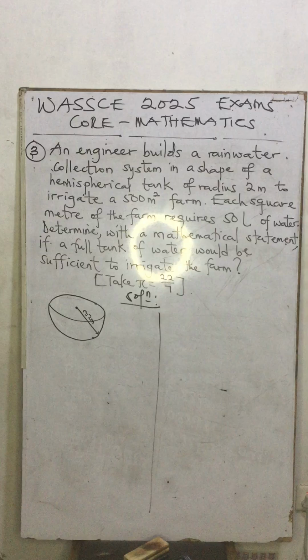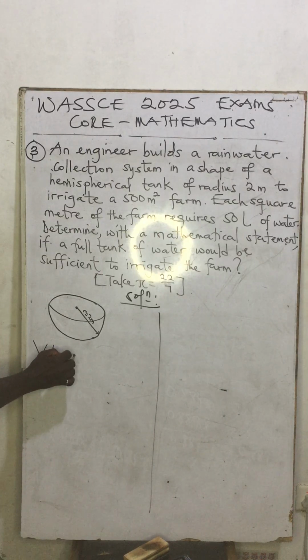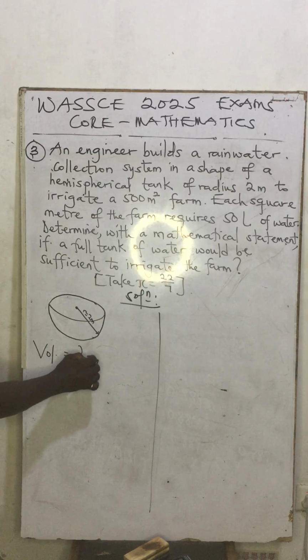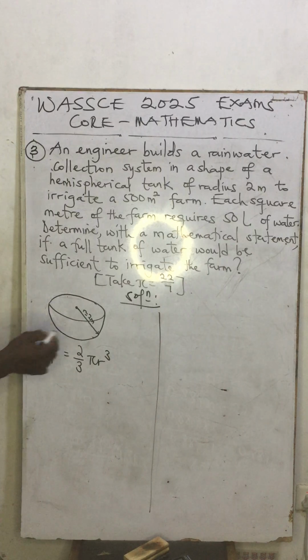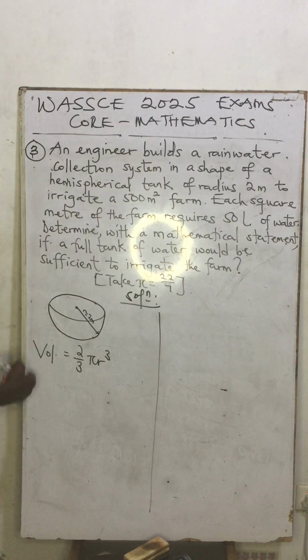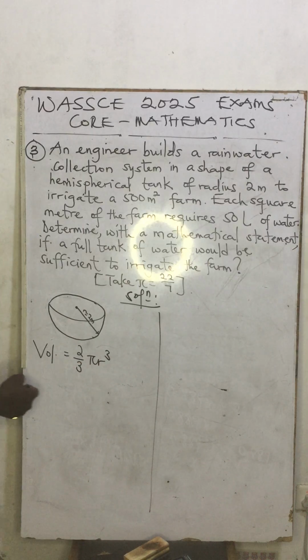Now we can find the volume of the hemisphere to be 2/3 pi r cubed, because the full volume of a sphere is 4/3 pi r cubed, and a hemisphere is half of that, which is 2/3 pi r cubed.